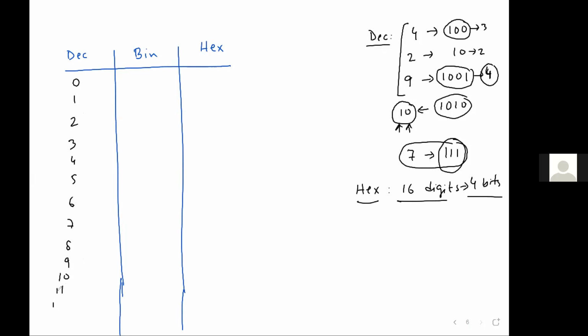Let me write it. And 15. So you guys know the binary, still I'm writing. We'll go for 4-bit.